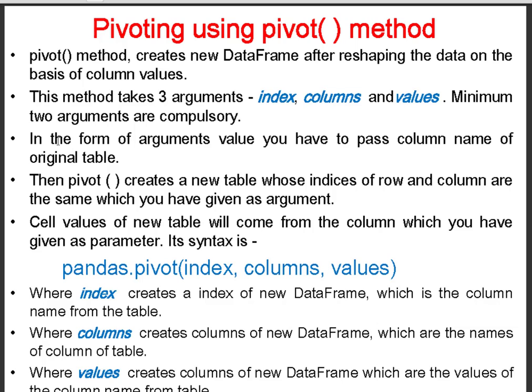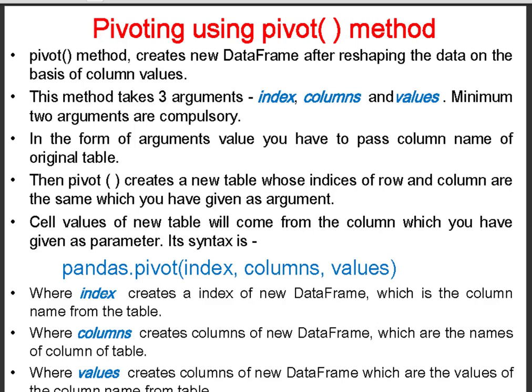Next, as the argument values, you have to pass column names of the original table, because we have to perform the operation on the column. That's why the column should be the original name.